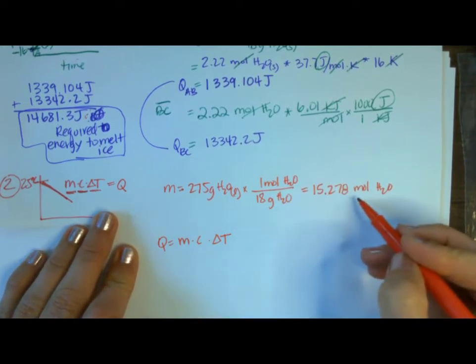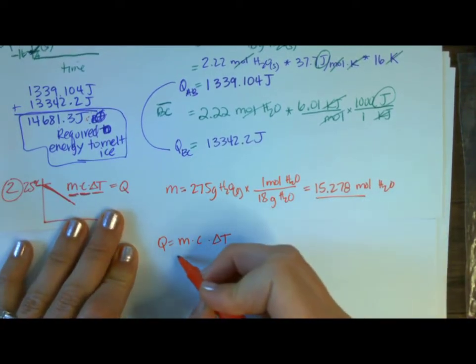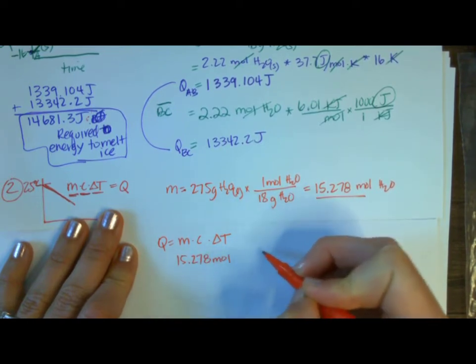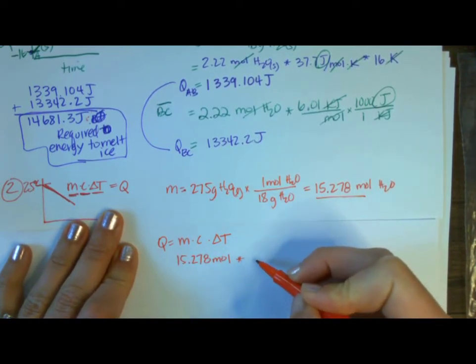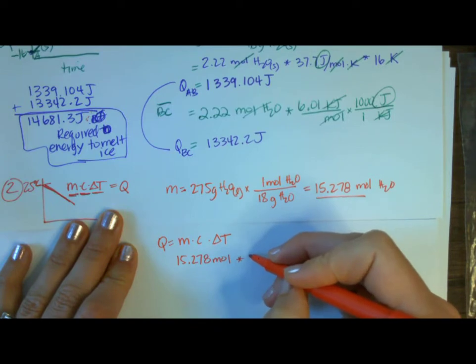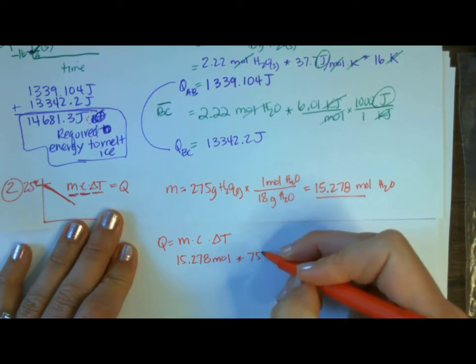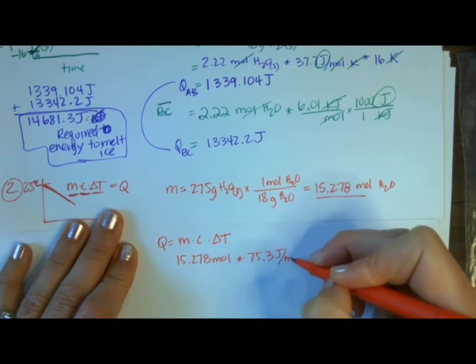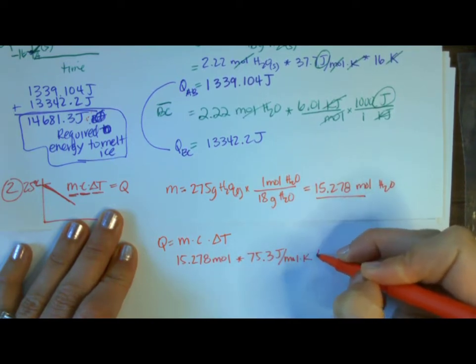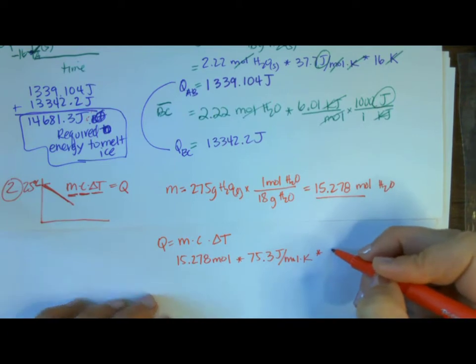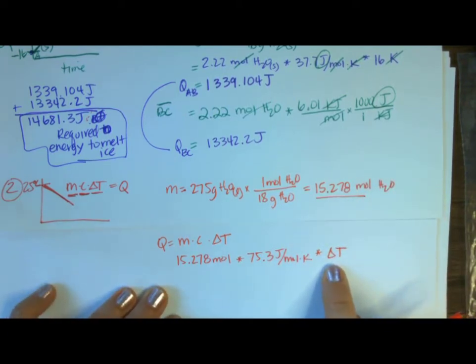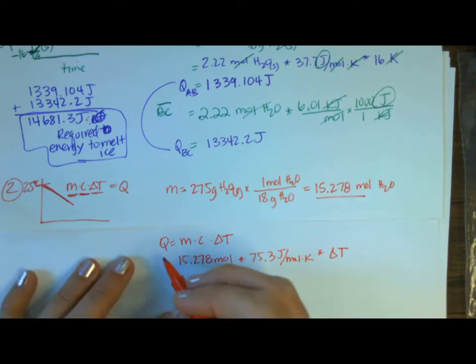All right, so we can take our 15.278 moles. The specific heat of water that we just looked up there was 75.3 joules per mole Kelvin. And let's just say we need to find our delta T. We have that initial temperature, we'll plug that in here in just a second.